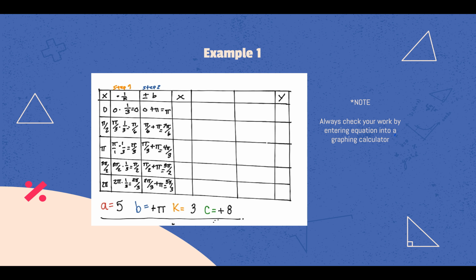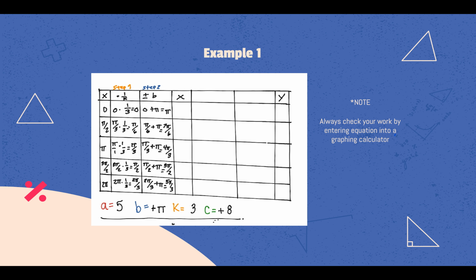Next, we're going to find our y values, and in order to do that, we will need to use our untransformed cosine values, and then we're going to transform them with our a value and our c.